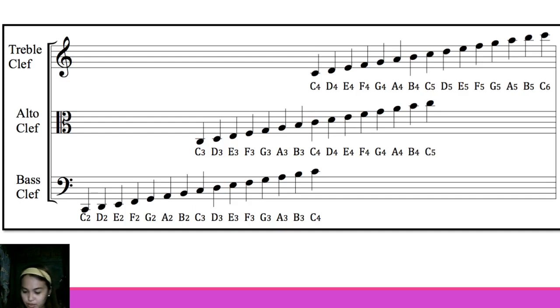So, in your activity in this lesson, page 53, you are going to write on the space provided the letter name of the notes found in the staff. Very easy. It is a bass clef or F-CLEF.